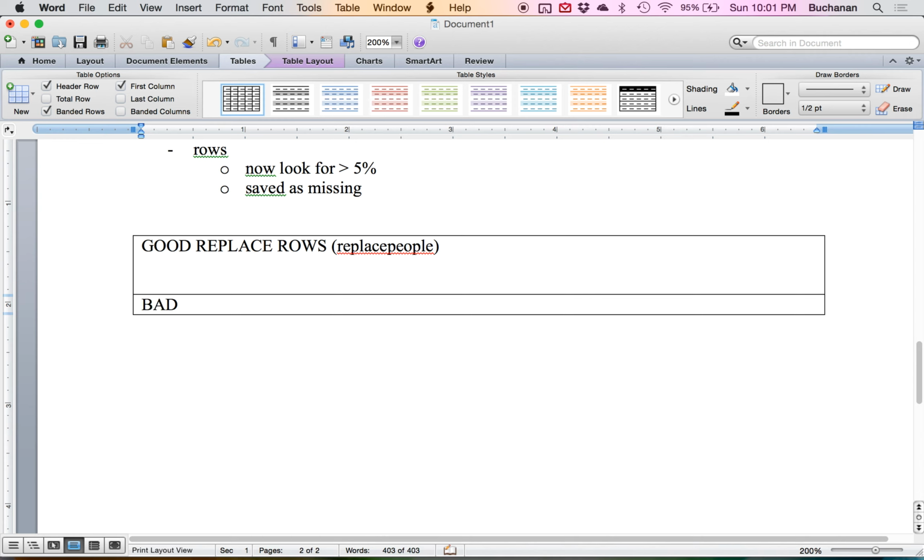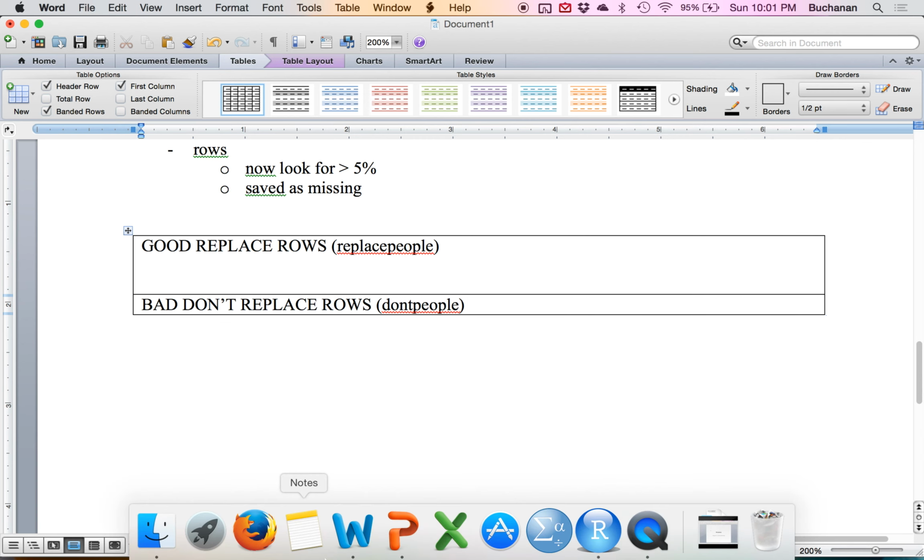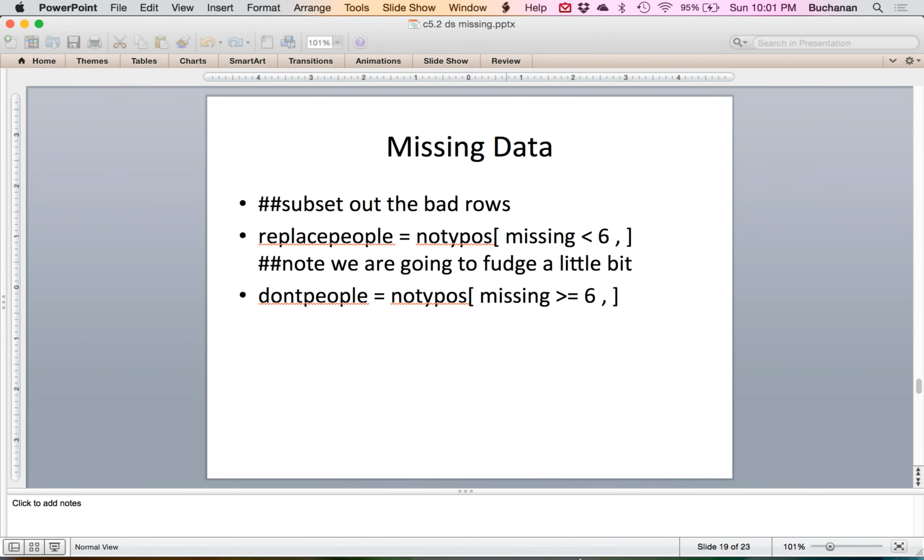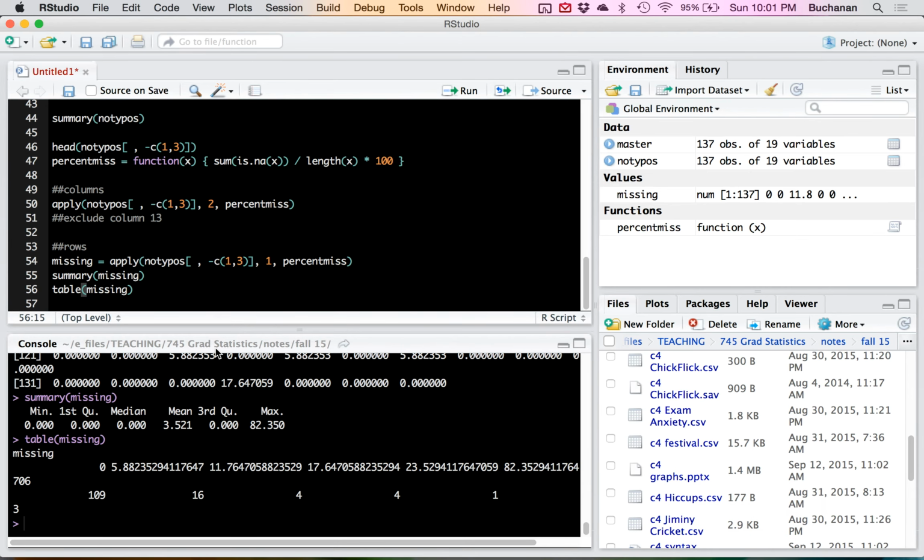But these are the bad, don't replace rows. Okay. And so this is don't people. And so I'm splitting the data set basically in half. And so I'm creating 2 new mini data sets where I have people I can replace and people I can't replace.